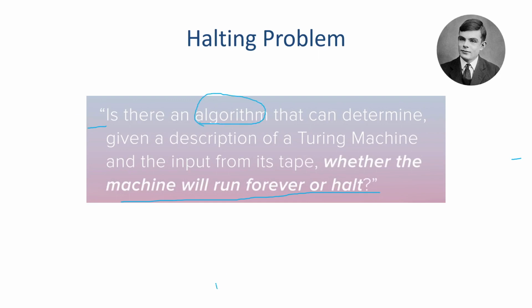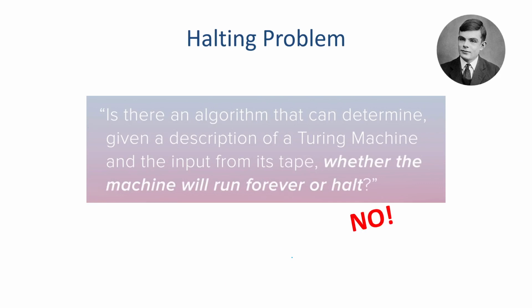But this algorithm this time is gonna take as inputs what? A Turing machine and its input tape. It's gonna tell you yes if that machine halts, or like stops, and no otherwise.